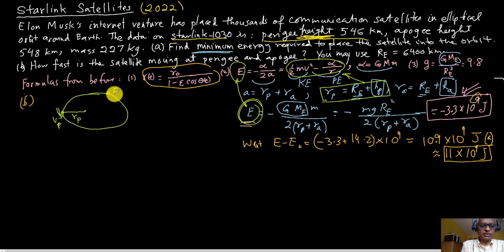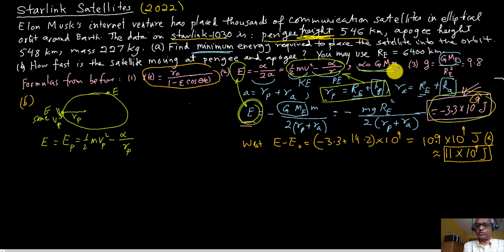So energy at any point in the orbit is the same as energy over here. We already know the energy, and I'm going to wait till the end to use that. So we get a formula: energy at any point in the orbit is equal to the energy at the perihelion. For the perihelion, you have a half Vp squared minus alpha over R perihelion, and alpha is, as you know, the answer over here.